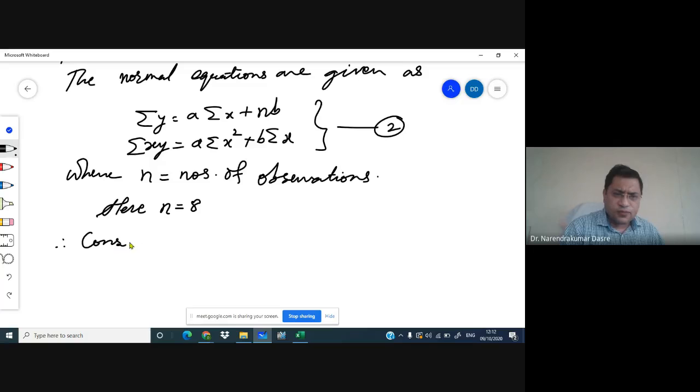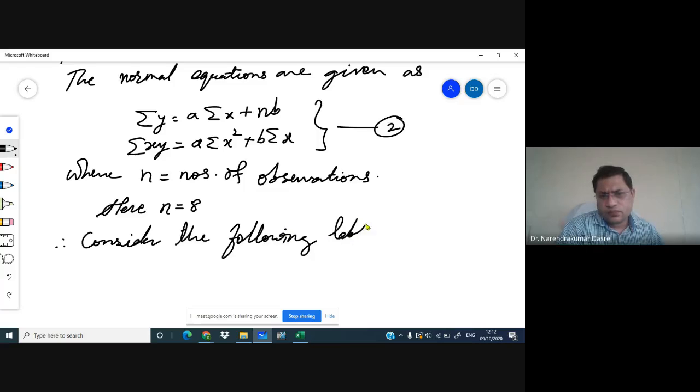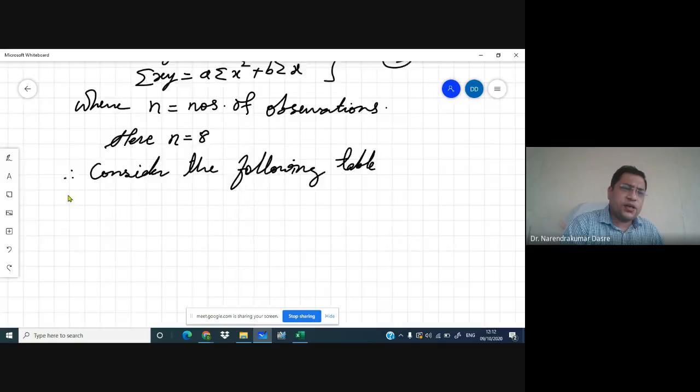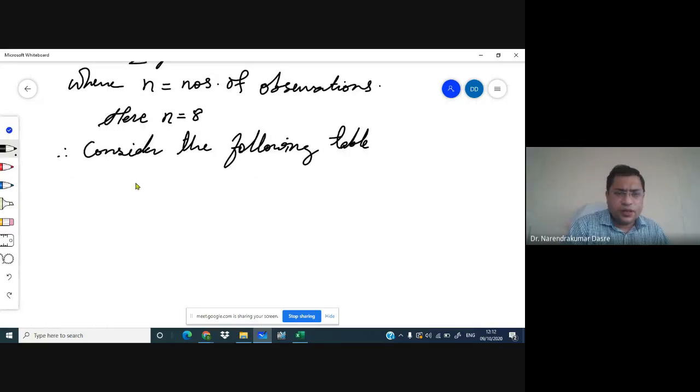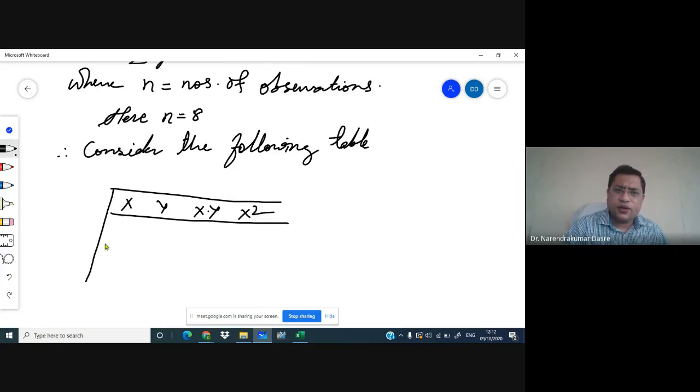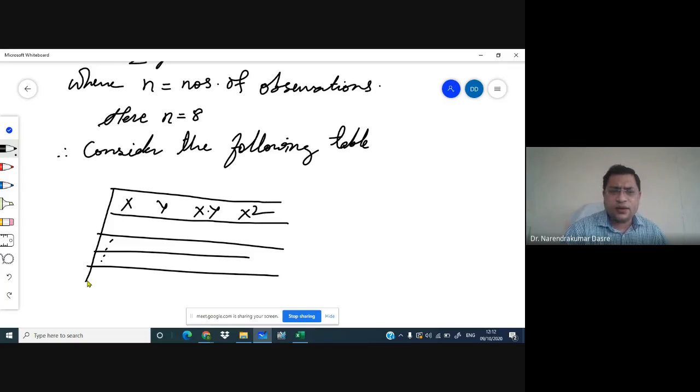Now the next step is to consider the following table. For the line, we want x, y, x into y, and x squared. I want you to calculate this table and give me the summations.